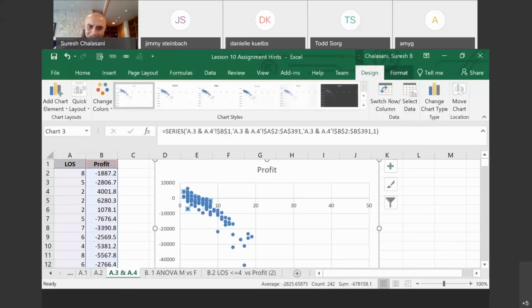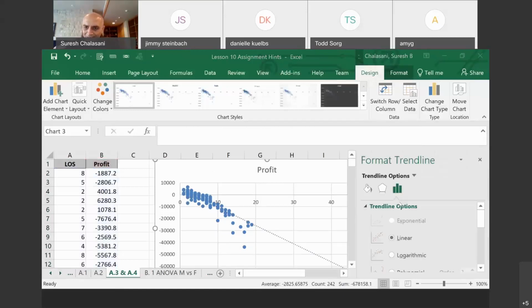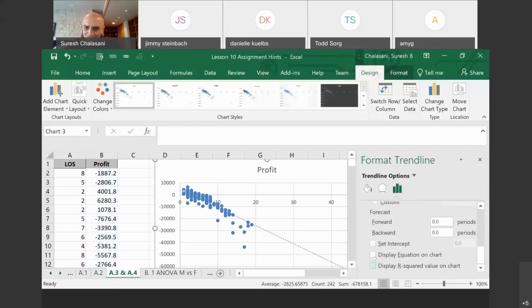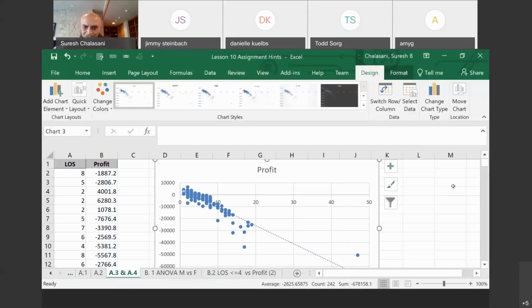And inside this, I could add a trend line, and adding that trend line, I could choose linear. In these, display equation, display R square. So if I do that, then I should be able to see the equation and the R square value.